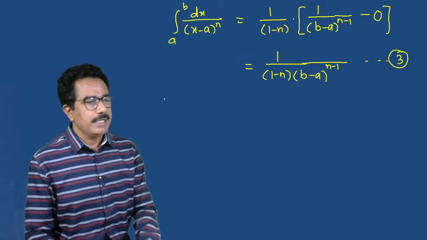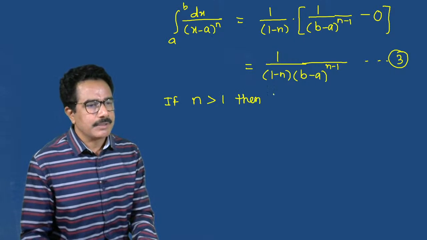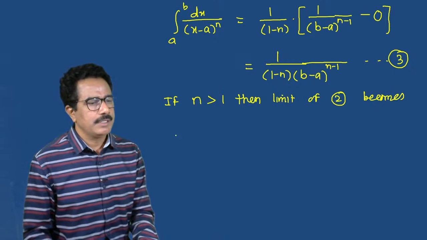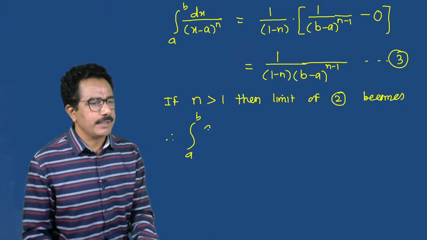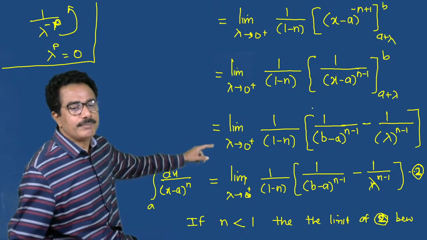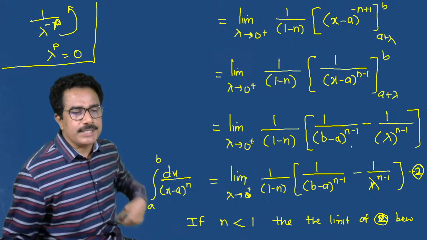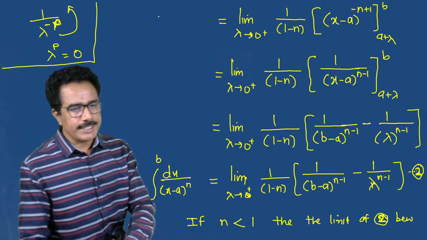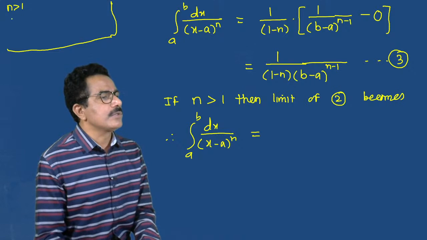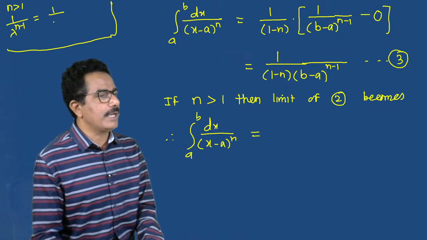If n greater than 1, then limit of 2 becomes, therefore the integral from a to b dx divided by x minus a bracket raised to n is equal to, now if n is greater than 1, then 1 upon lambda raised to n minus 1, suppose equals p, 1 upon lambda raised to p.